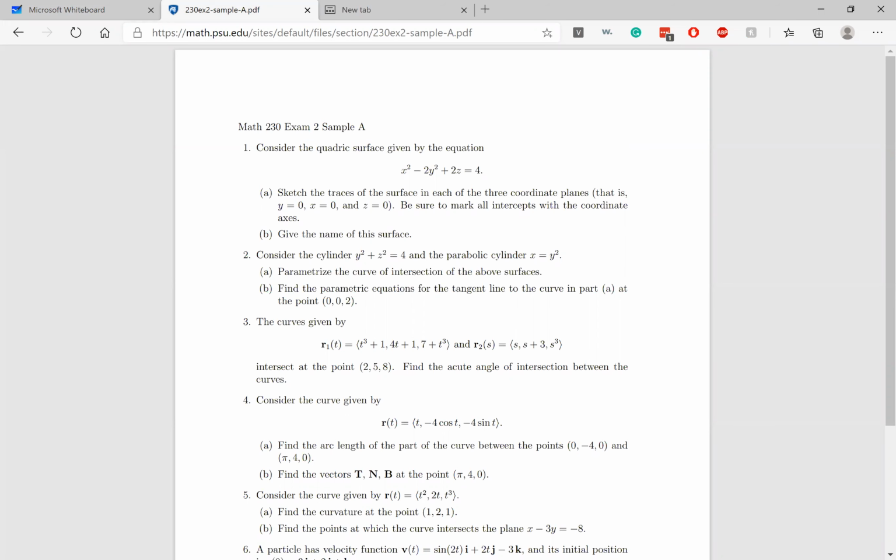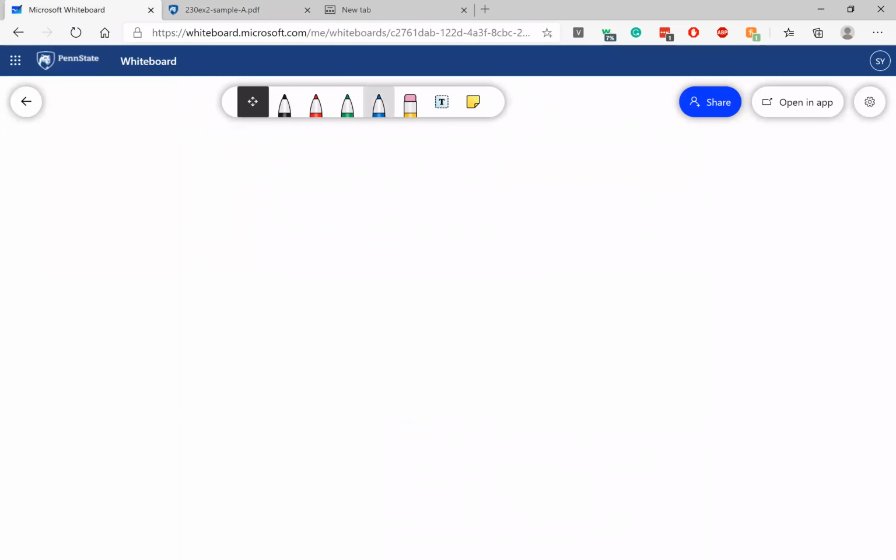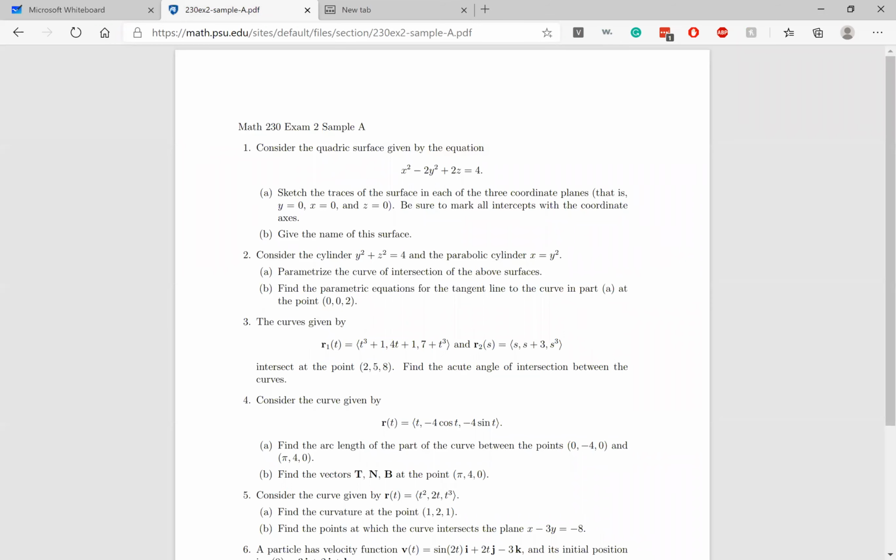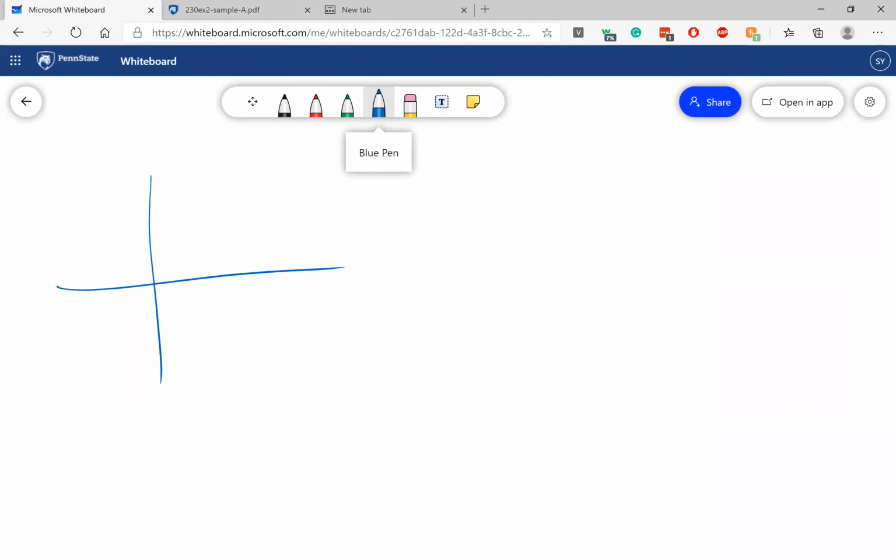Okay, consider the cylinder and the parabolic cylinder, which is x equals y squared. If we just look at that in the xy-plane, it would be something like this. Here's my y, and here's my x.